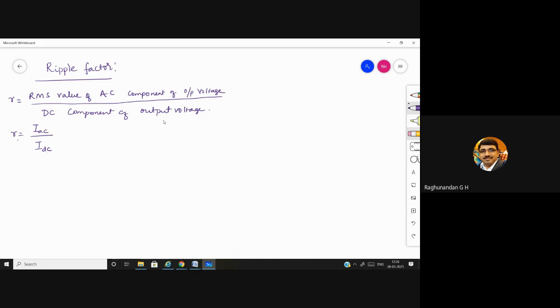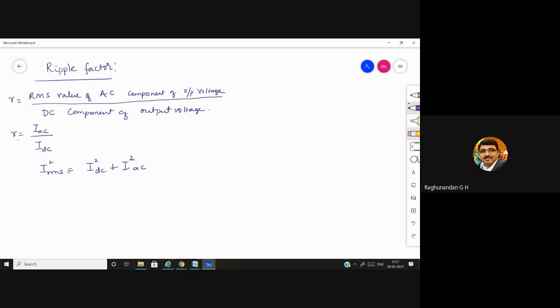But as you know, we don't have any direct equation for IAC. That's why we are having an equation for IRMS. So IRMS is with respect to the output signal which we are getting, which contains AC. Since we are talking about the output signal, IRMS square will be equal to I square DC plus I square AC, because output is the combination of AC as well as DC.